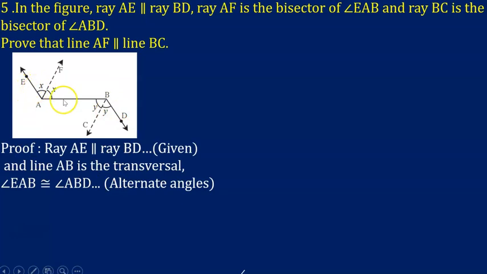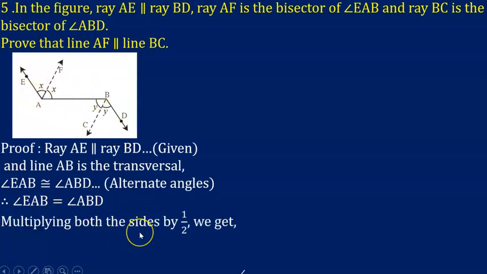These are the alternate angles. Next, therefore their measures are equal. That is, measure of angle EAB is equal to measure of angle ABD. Multiplying both sides by 1 upon 2, we get 1 upon 2 measure of angle EAB is equal to 1 upon 2 measure of angle ABD.